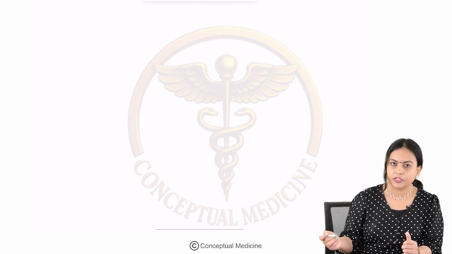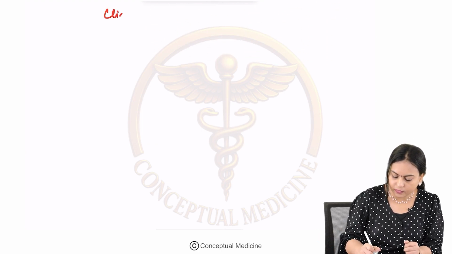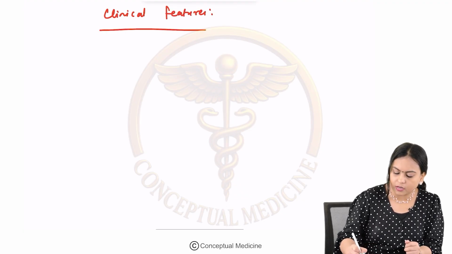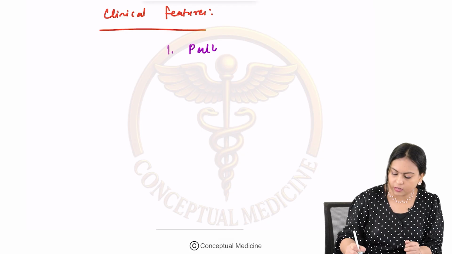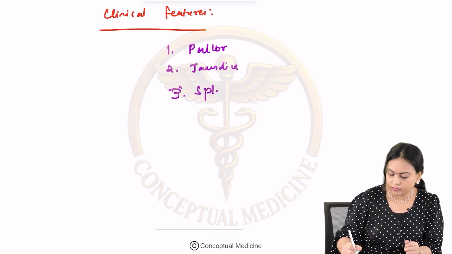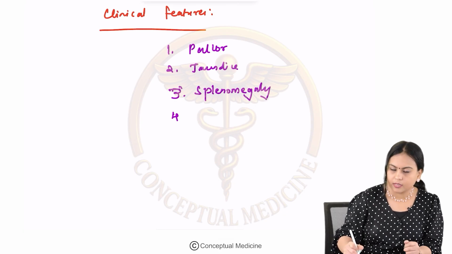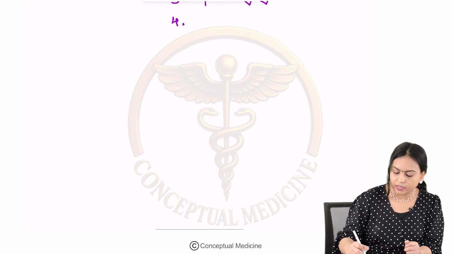Now, we will see the clinical features of thalassemia. Clinical features include pallor, jaundice, there can be splenomegaly, and signs of vaso-occlusive disease.